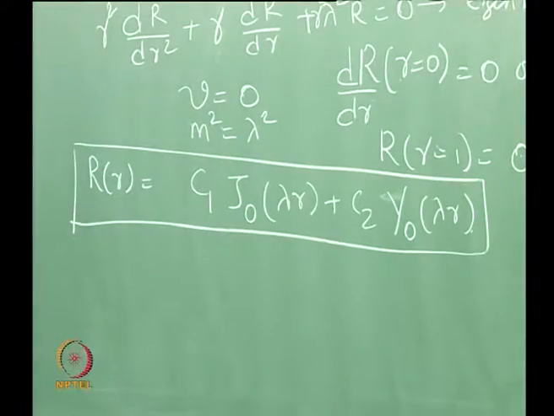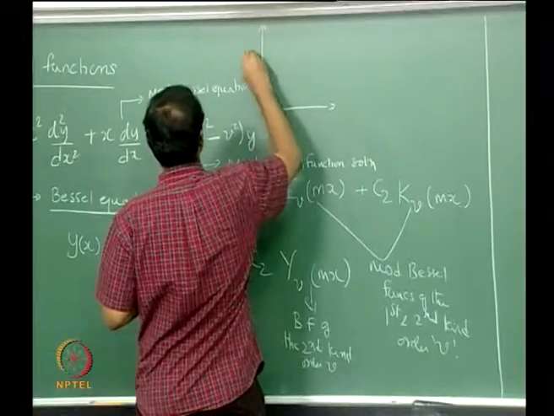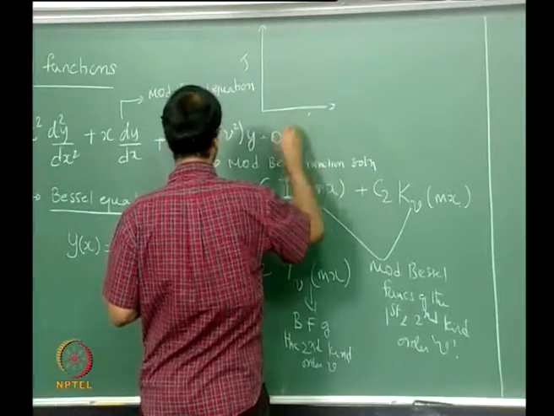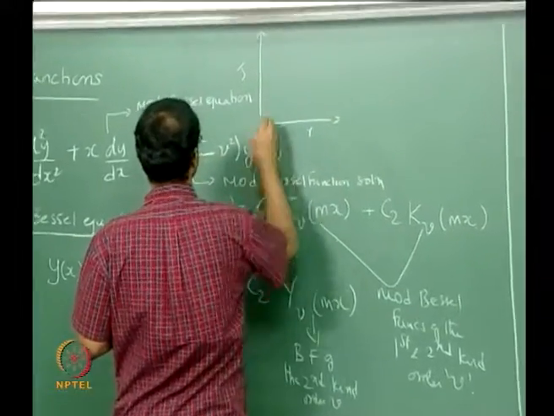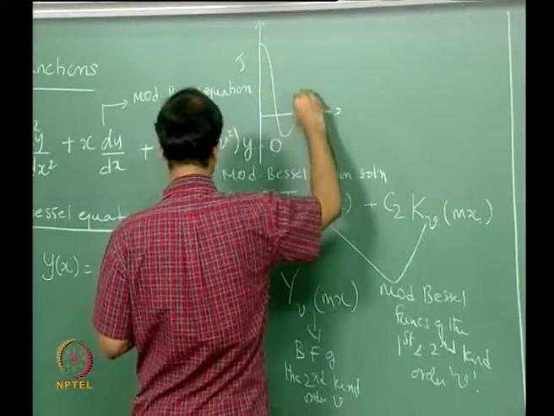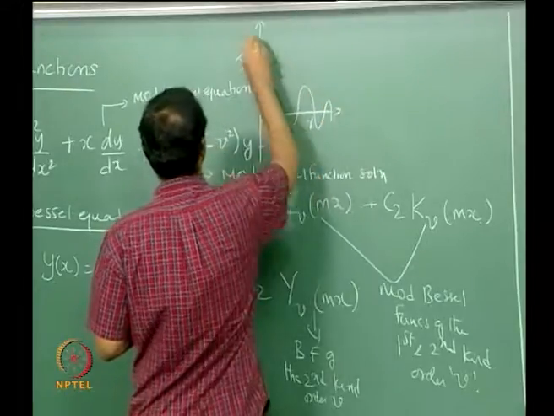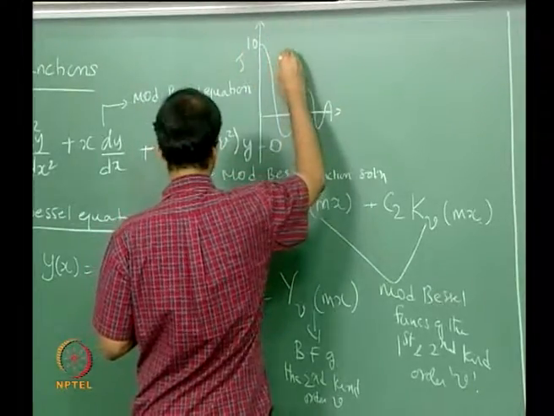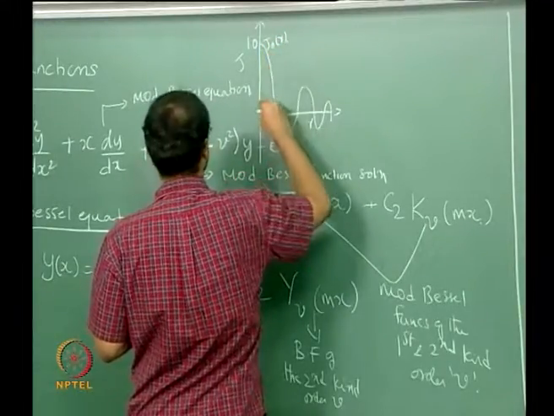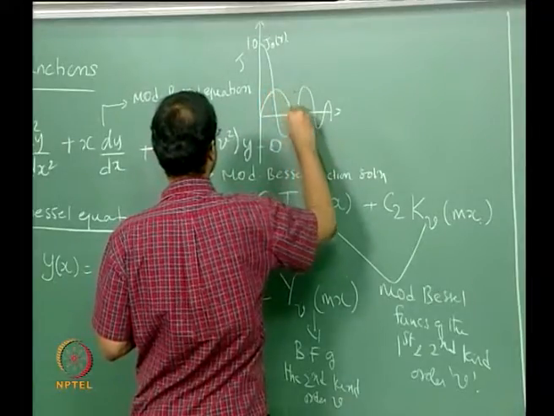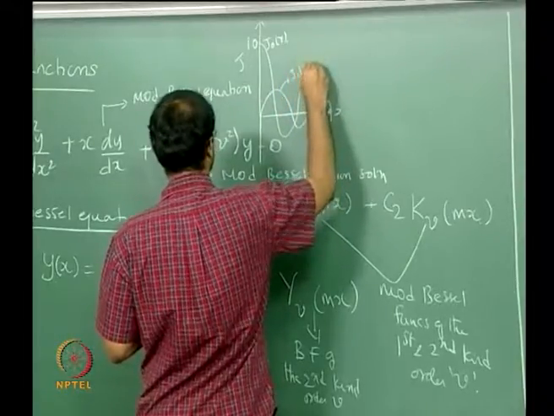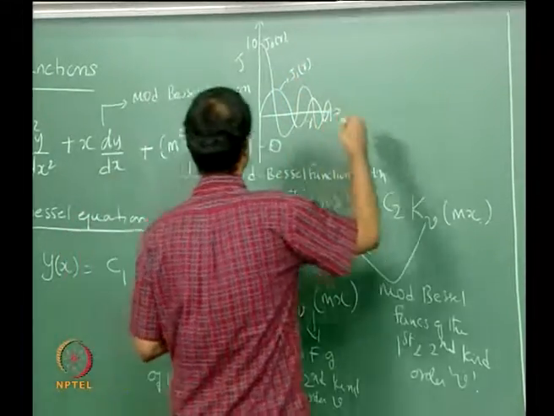If you draw the Bessel function J as a function of x or R, it will start from 1. So this is your J0 of R, and J1 will have a behavior like this, and J2 will have another behavior.